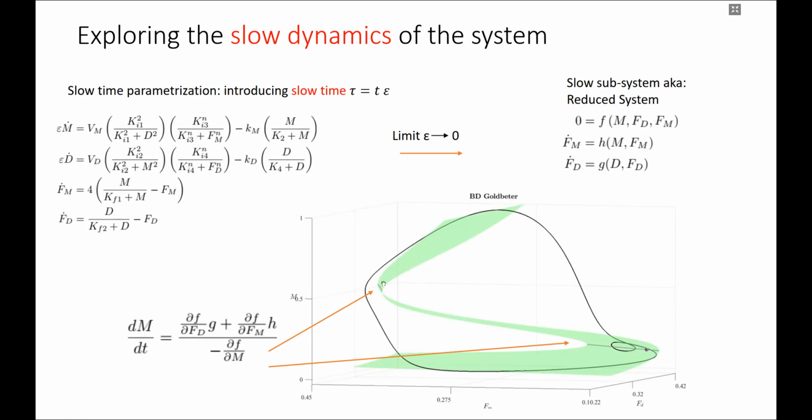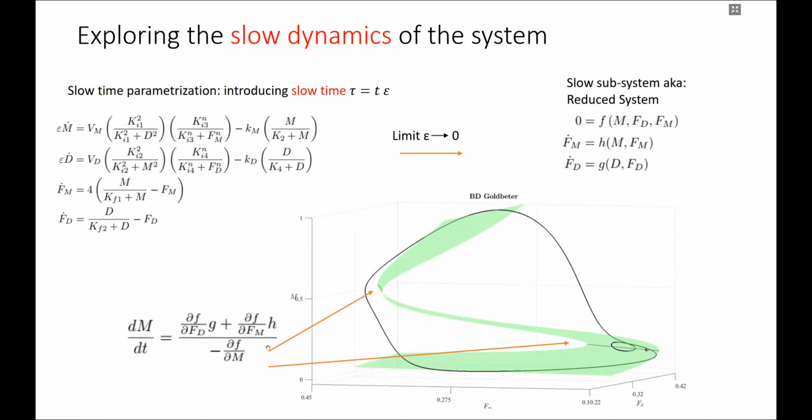So the role of the critical manifold is twofold. It is the set of equilibria of the fast subsystem, as we mentioned earlier, but also the phase plane of the slow subsystem. Now, the fast dynamics of the system are hidden in this algebraic equation, and because it has to hold true for all time tau, we can differentiate with respect to time, and we will get this expression here.